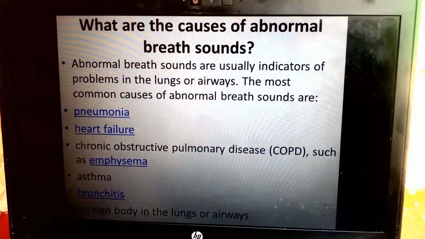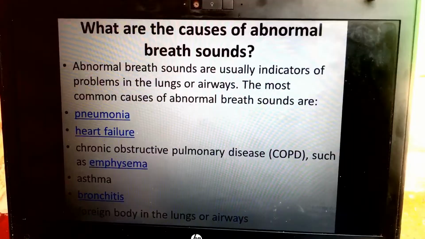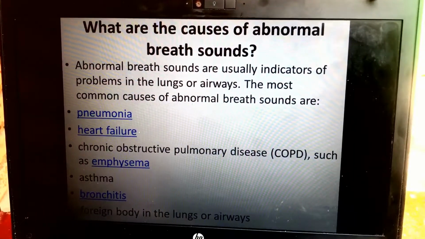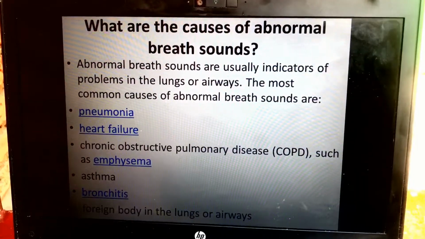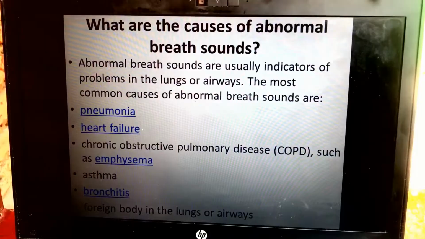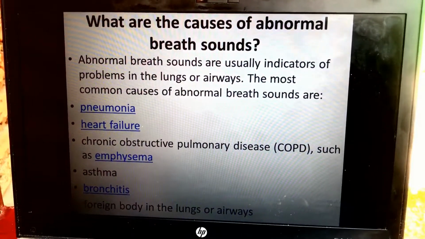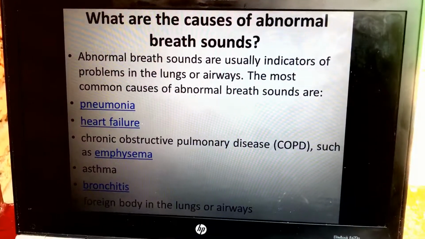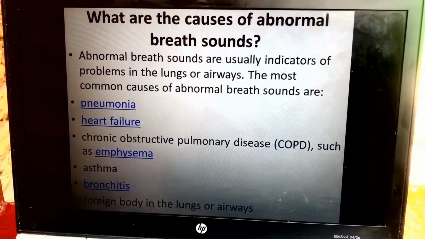Okay, what are the causes of abnormal breath sounds? Abnormal breath sounds are usually indicators of problems in the lungs or airways. The most common causes of abnormal breath sounds are pneumonia, and you have seen that in pneumonia we mostly hear the crackle sound.